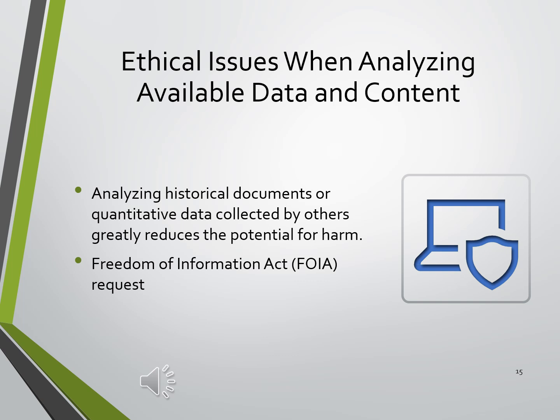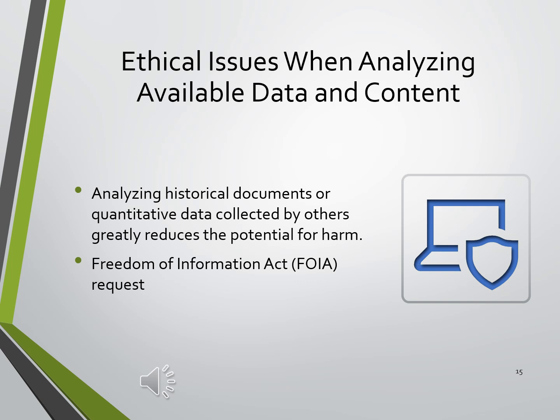And then lastly here are our ethical issues. So we need to analyze historical documents or quantitative data collected by others. It greatly reduces the potential for harm if we're just analyzing information versus working directly with participants.